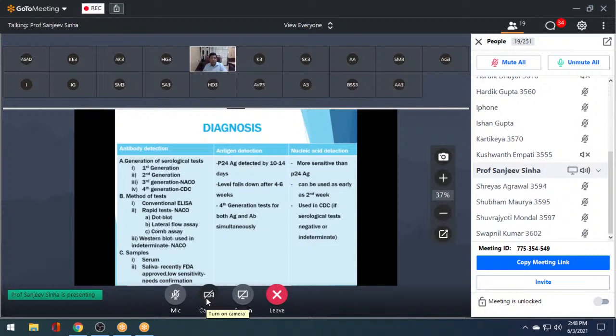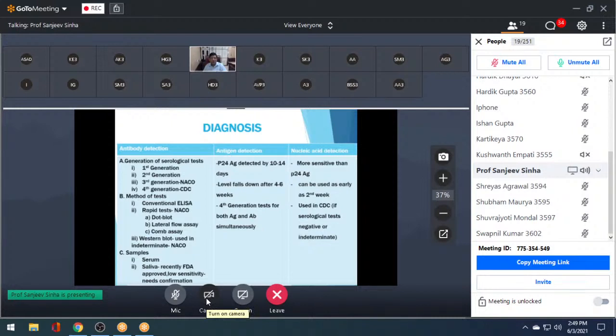Here you can see the methods for testing of HIV. The conventional one is the ELISA test, which is a very important test in our country. We do the HIV ELISA test, and then we have rapid tests like dot spot, lateral flow assay, and home assay, and we have the Western blot assay.